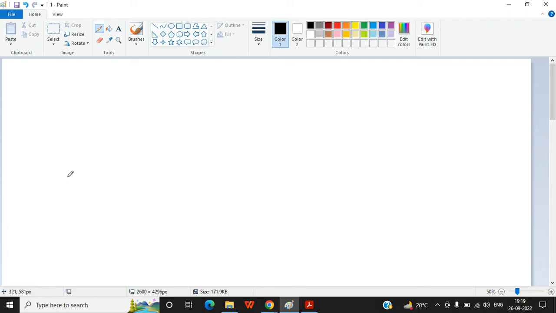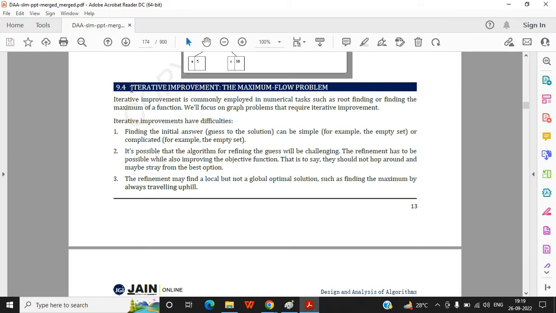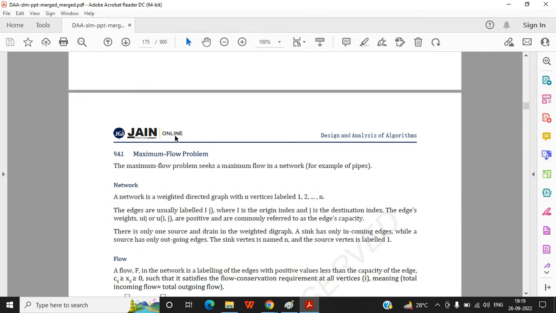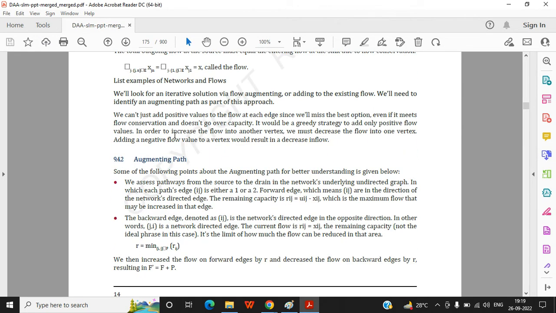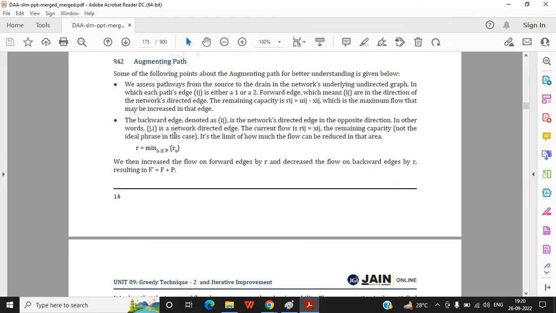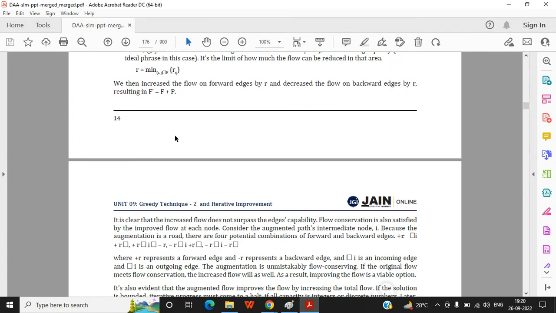Okay, now let's start this one. This is the iterative maximum flow problem, and the important algorithm here is the Ford-Fulkerson method. Now, what is a network problem?